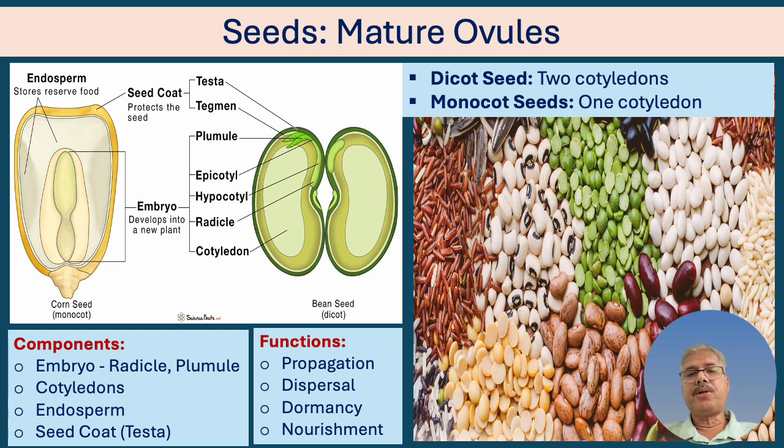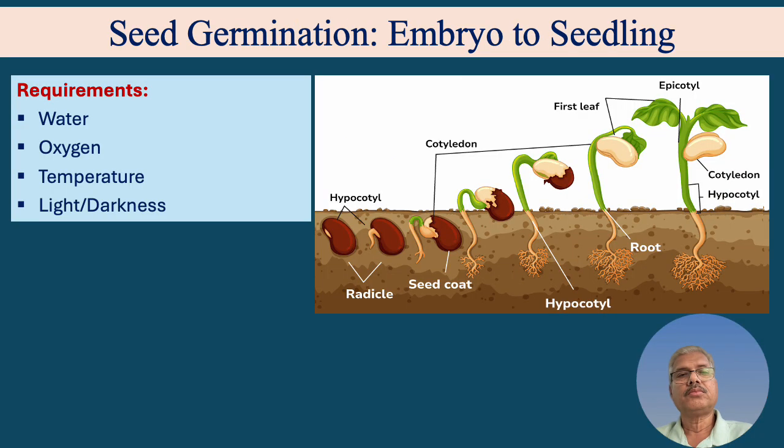Seeds can be dispersed by various agents like wind, water, and animals, allowing plants to colonize new areas. The seeds can remain dormant, allowing plants to survive unfavorable conditions. The endosperm or the cotyledons provide essential nutrients for the germinating embryo.